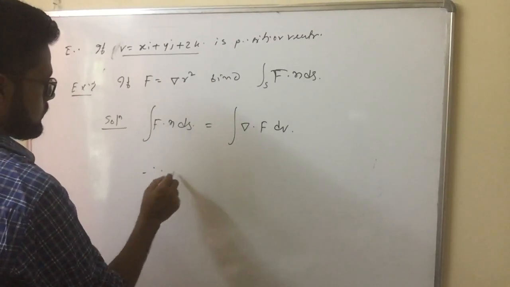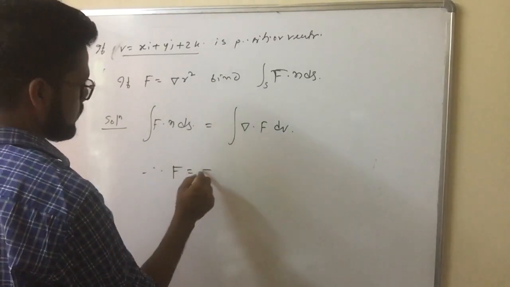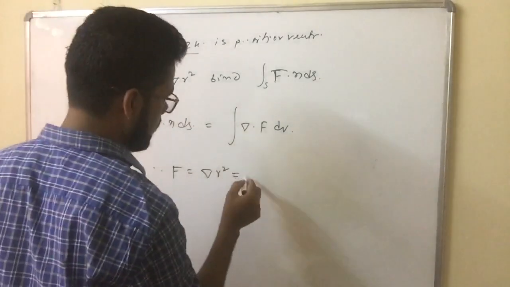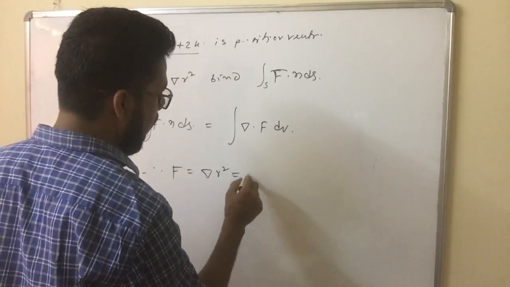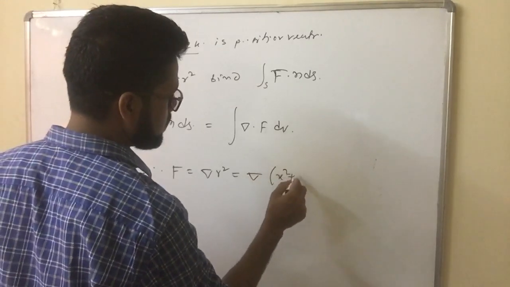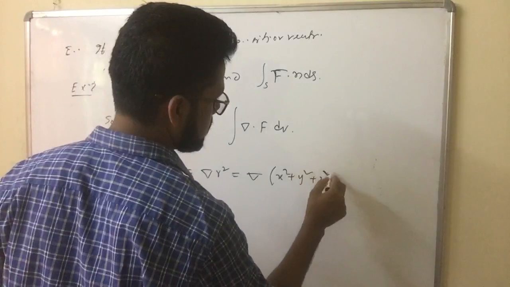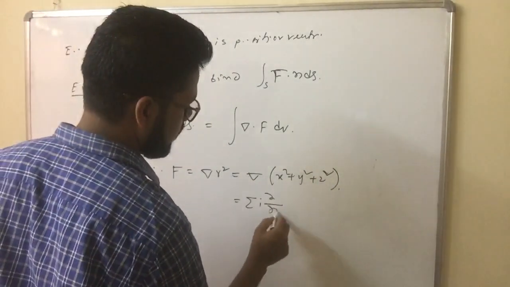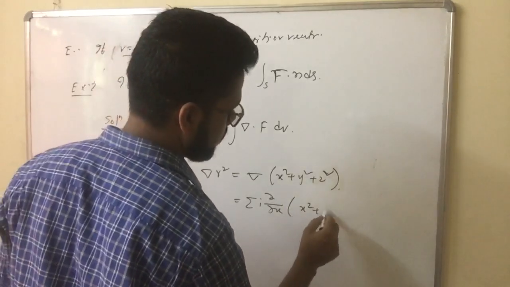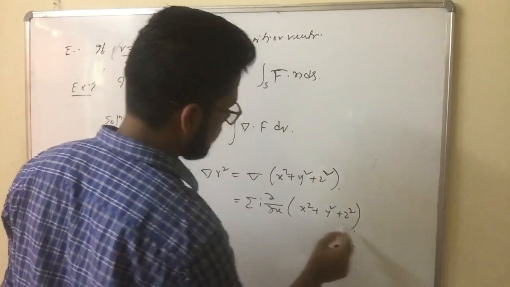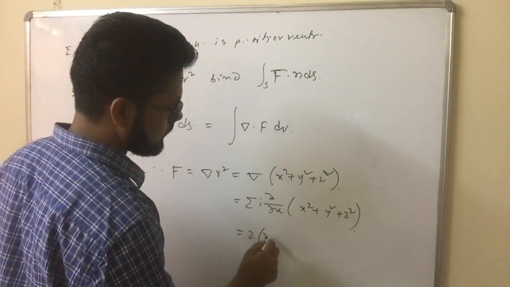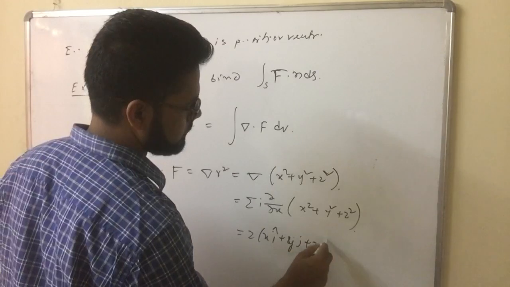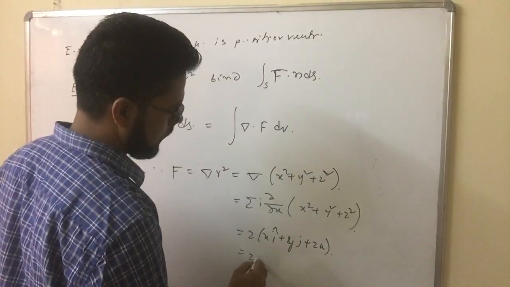Since F equals del r squared, and r squared means x squared plus y squared plus z squared, del is the sum of i del by del x and so on. This equals 2 times (x i cap plus y j cap plus z k cap), which is equal to 2r.